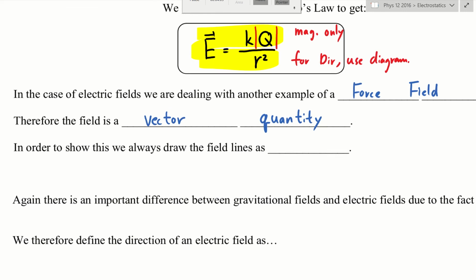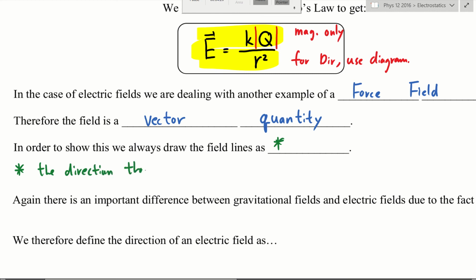When you draw an electric field diagram, you always draw the field line as the direction that a positive test charge would move in the field.